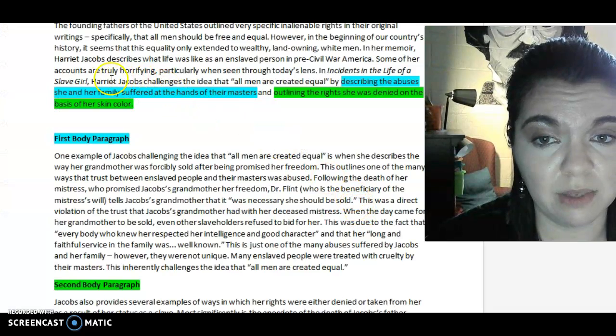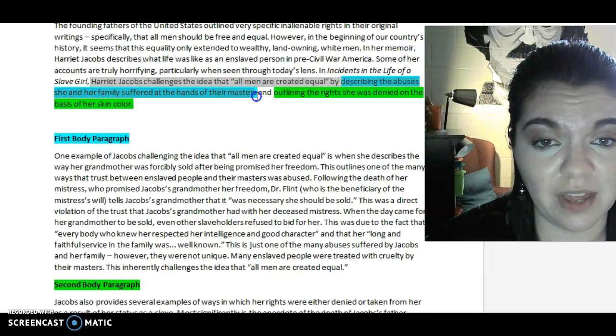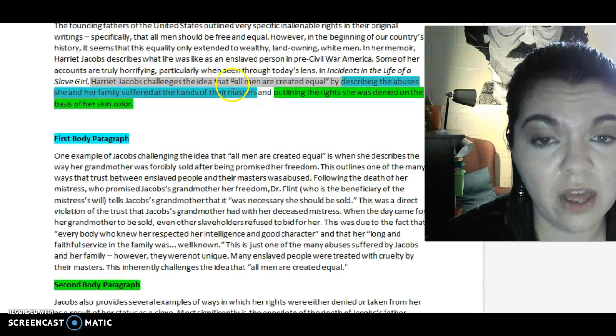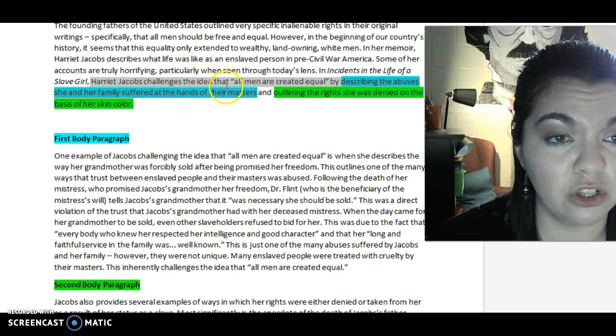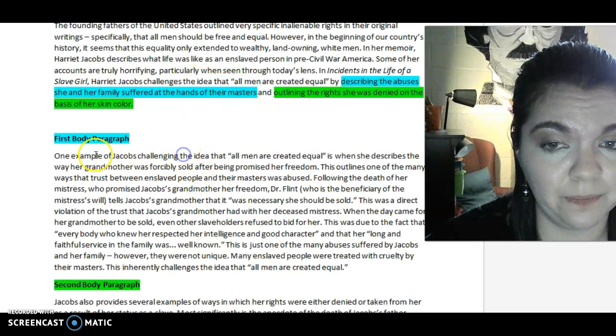Remember, our thesis statement says, Harriet Jacobs challenges the idea that all men are created equal by, here's our first point, describing the abuses she and her family suffered at the hands of their masters. This is exactly what should show up in your topic sentence.